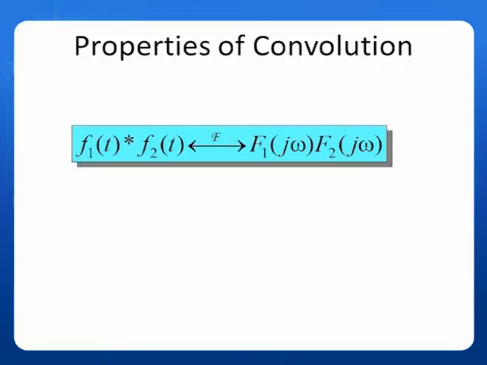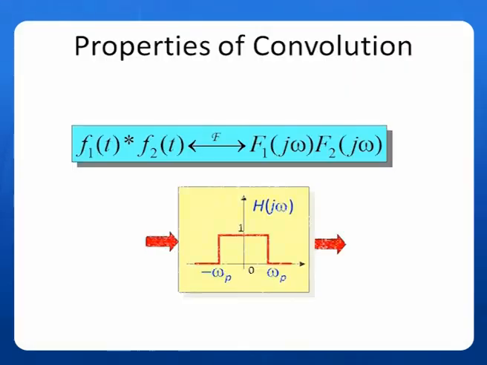We have a function which is given there, as shown. It is a certain function. It is being passed through a system which exists only between minus omega p to plus omega p. As you see here, both are in the frequency domain.